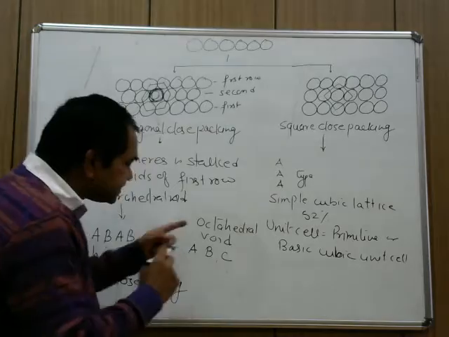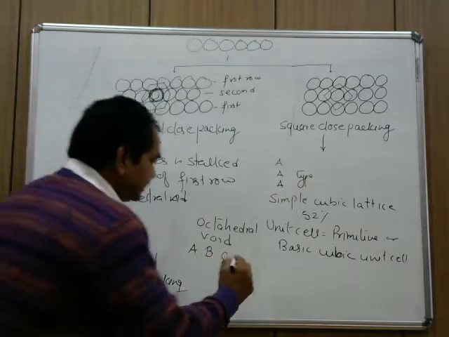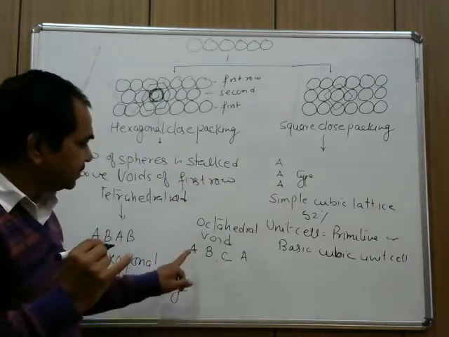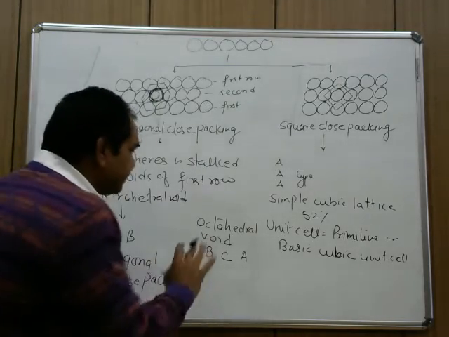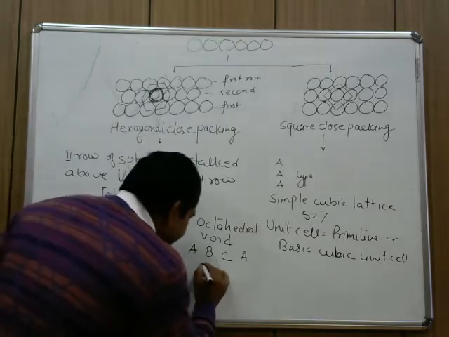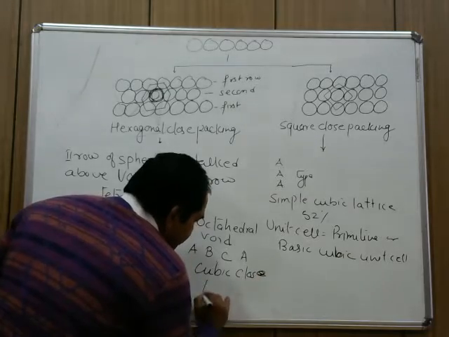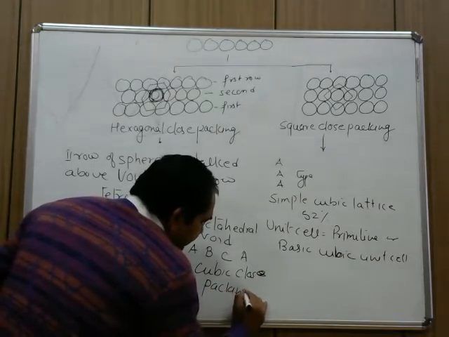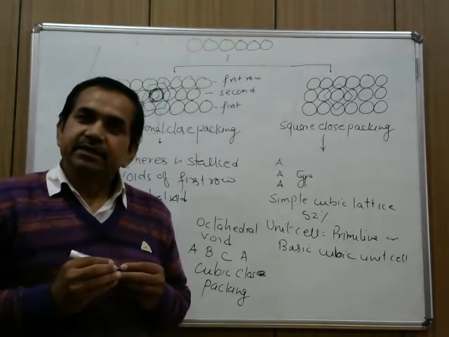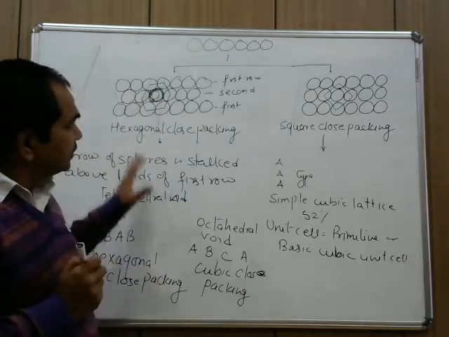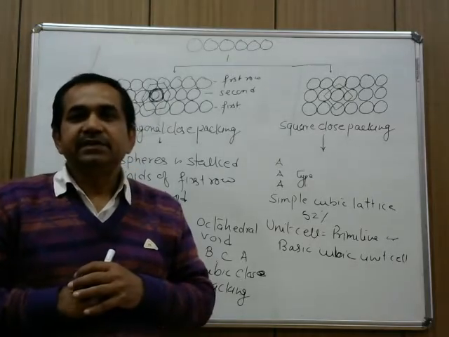But the spheres of the fourth row are the same as those of the first row. And this type of arrangement or packing is called cubic close packing. So this is all about close packing of spheres.